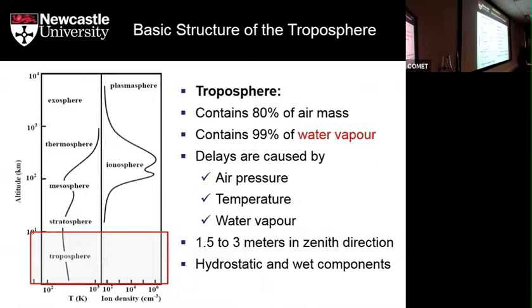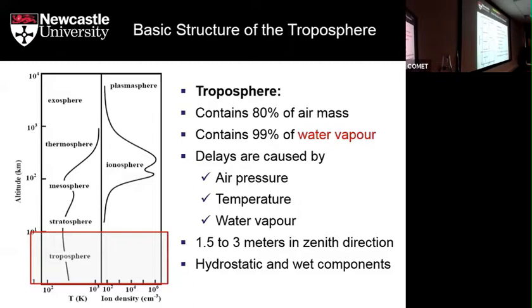The magnitude of the tropospheric delay reaches 1.5 to 3 meters in the zenith direction, and even larger in the line of sight direction. Typically, it has the hydrostatic component and the wet component, but both of these components are related to the water vapor. So this is what the atmospheric delay is.